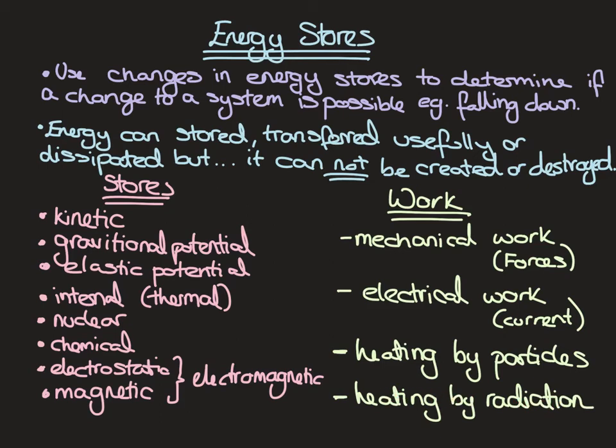So, for example, that might mean infrared radiation, that might mean the electromagnetic spectrum, that might mean nuclear decay, for example gamma, beta, and alpha radiation. So we could also have heating by radiation. So these are the ways that we can do work, that we can transfer energy from one store to another.